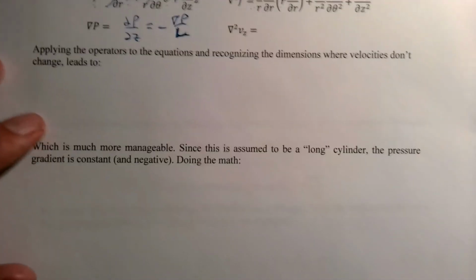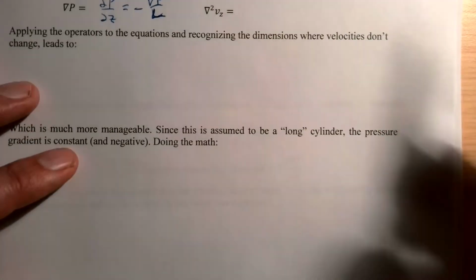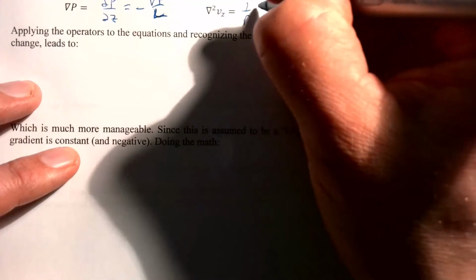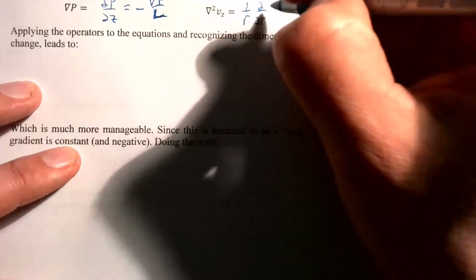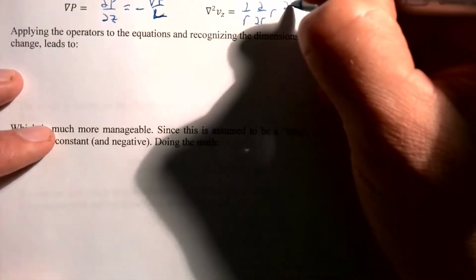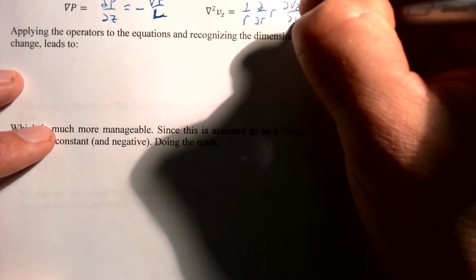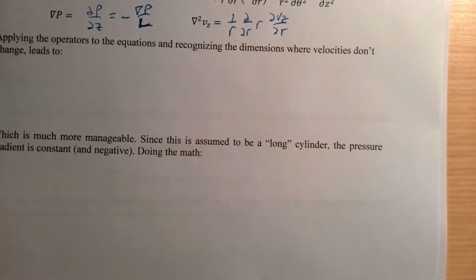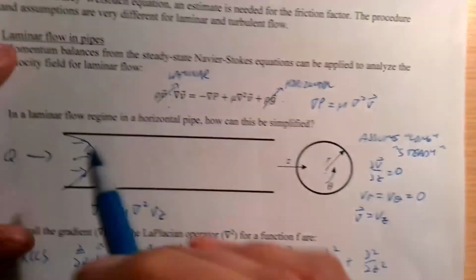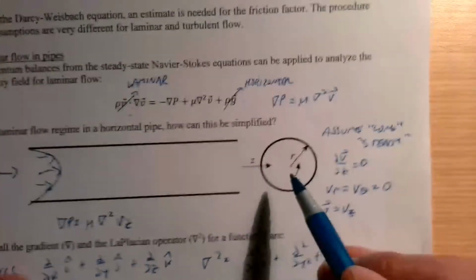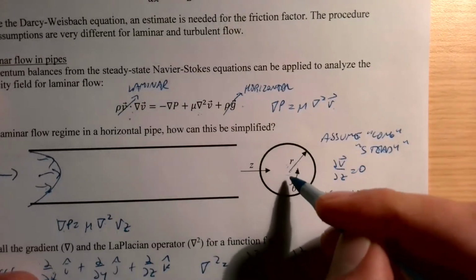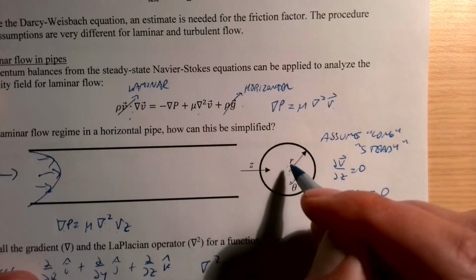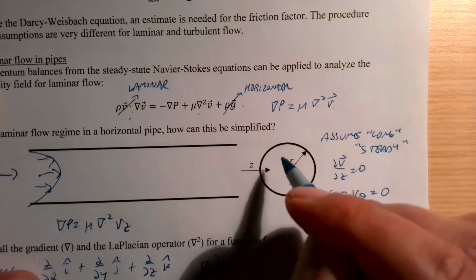And so del squared V is still going to have this messy-looking term, but we're breaking things down. There's dvz/dr. And then because of laminar flow, if I look at the velocity going towards us, if we're looking at this pipe from the side, the flow is coming towards us.